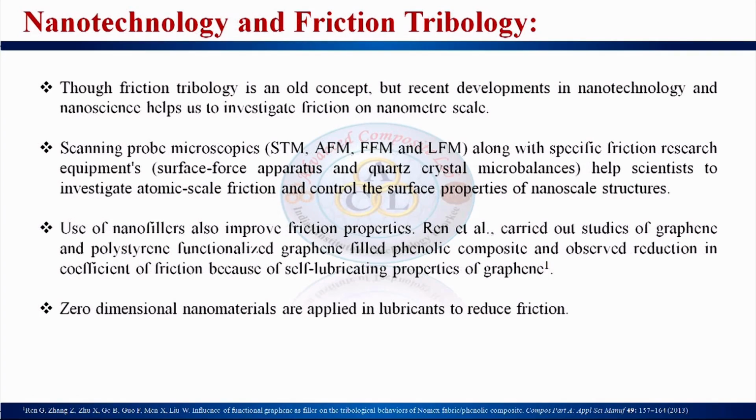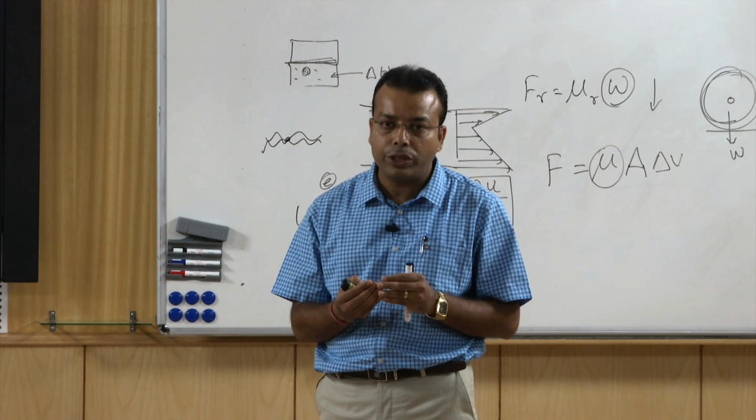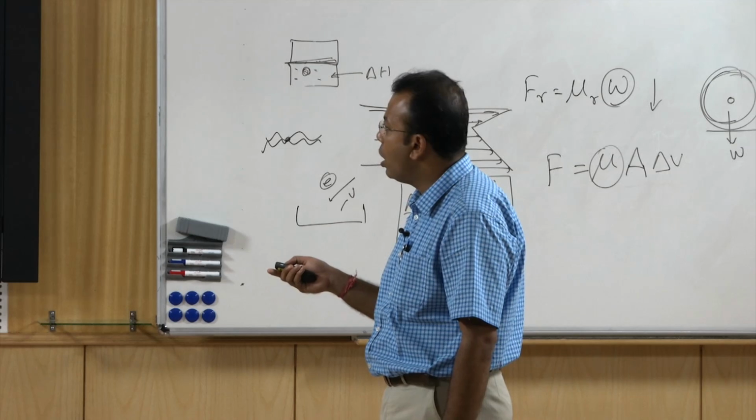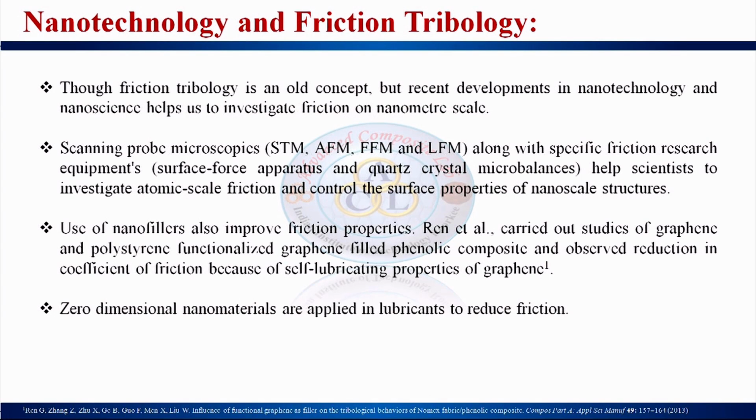Those are like STM, atomic force microscopy, FFM, LFM, along with specific friction research equipment, surface force apparatus like quartz crystal microbalance, which help scientists and investigators to measure whether there is any kind of friction on the nanomaterials or how to control their properties.